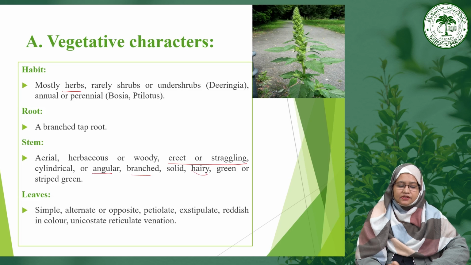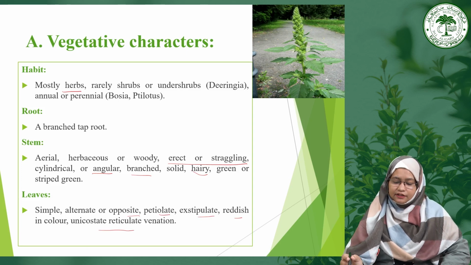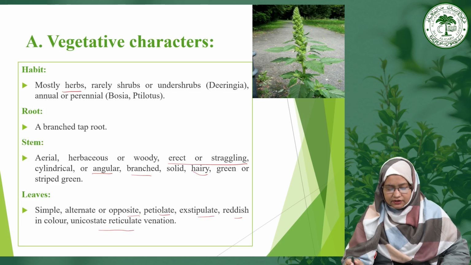They also have hairs, and are green or striped green. The leaves are simple, with alternate or opposite phyllotaxy, petiolate, exstipulate, reddish in color sometimes, and show unicostal reticulate venation. As you can see in this figure, the leaves show a generally alternate arrangement.